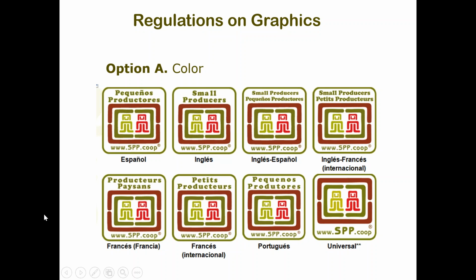For other countries different from France, for example Canada or countries in Africa, every version has the address www.spp.com and the copyright symbol.